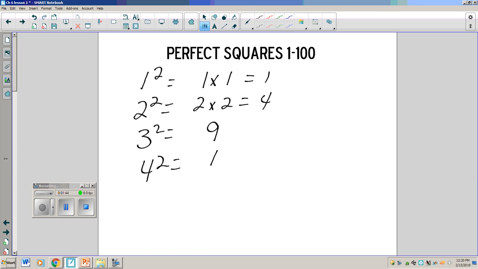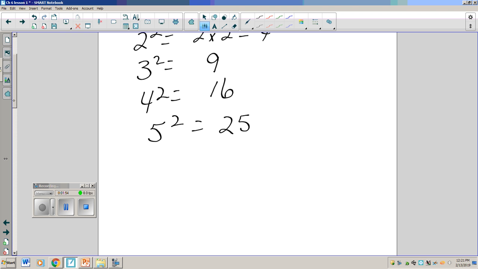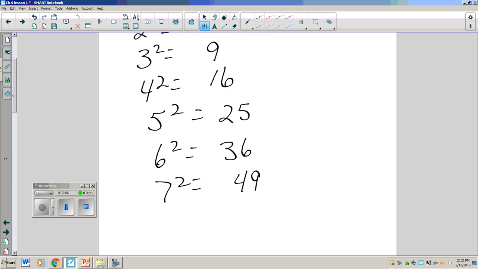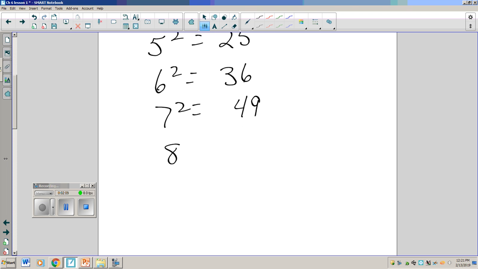4 squared, 16. 5 squared is 25. 6 squared, 6 by 6 is 36. 7 squared is 49. 8 squared, 8 by 8 is 64. 9 squared, 81.